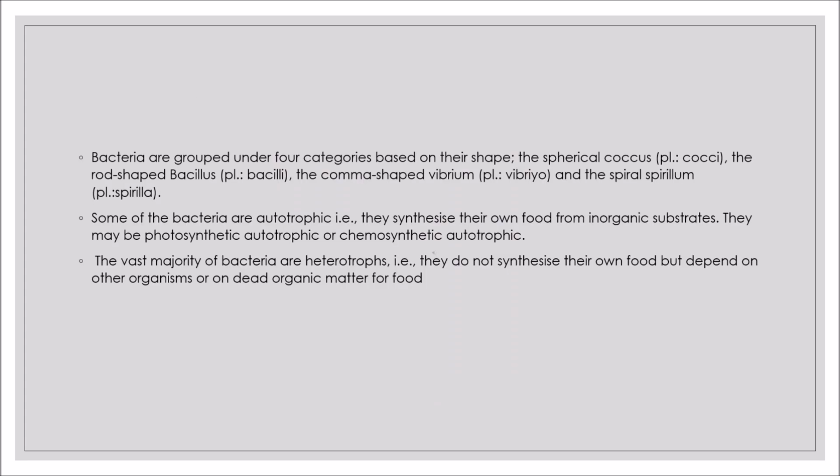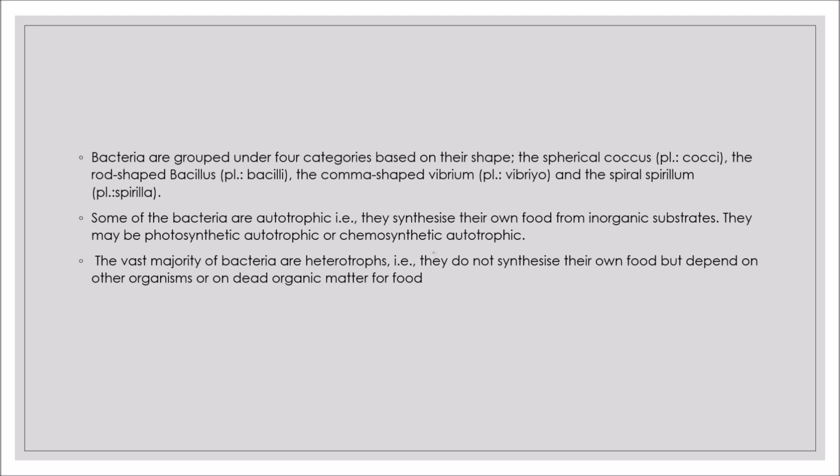Some of these bacteria are autotrophic, that is, they can produce their own food from inorganic substances. They are known as photosynthetic autotrophic or chemosynthetic autotrophic. Why are they called autotrophic? Because they can produce their own food.